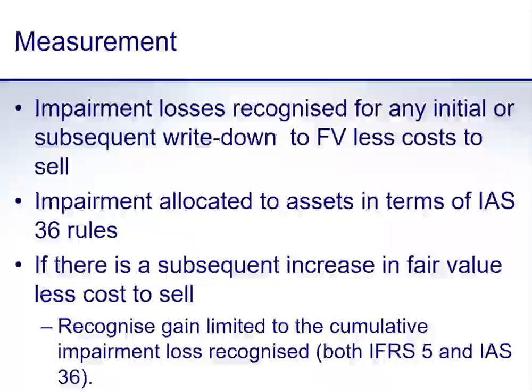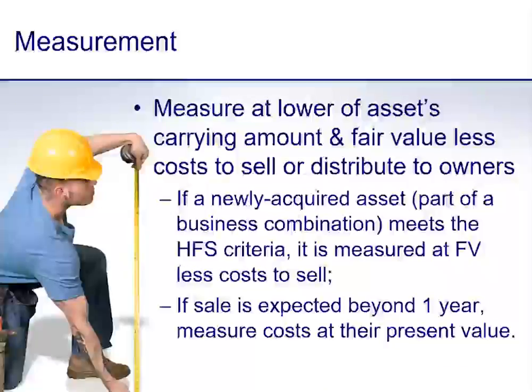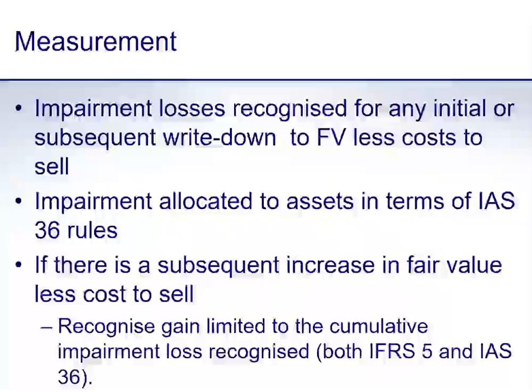If I take you back to the previous slide, we said we're measuring the asset at the lower of its carrying amount and fair value less any cost to sell or distribute to owners. So if that fair value less cost to sell number is a lower number, the implication for us is the asset is impaired. Therefore, we need to recognize that impairment charge straight away.